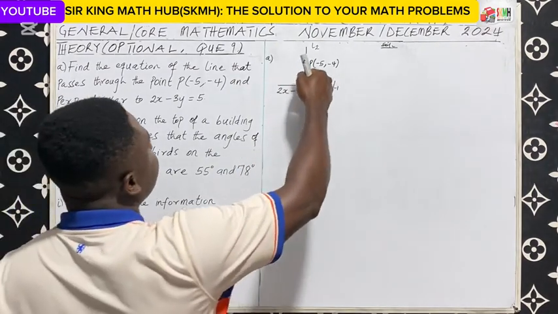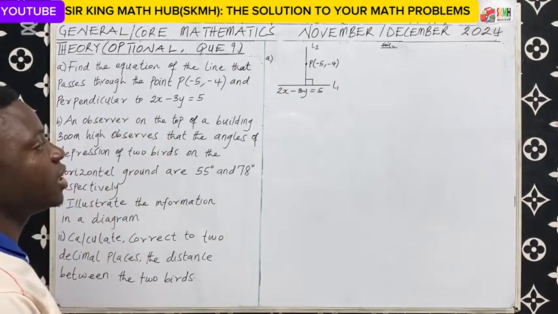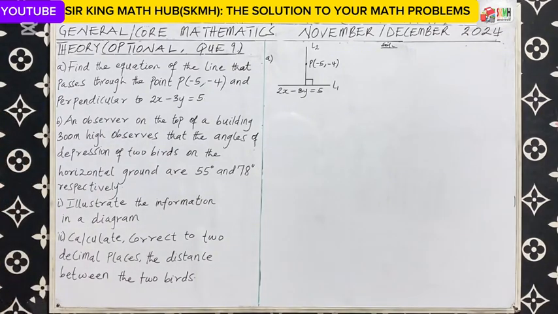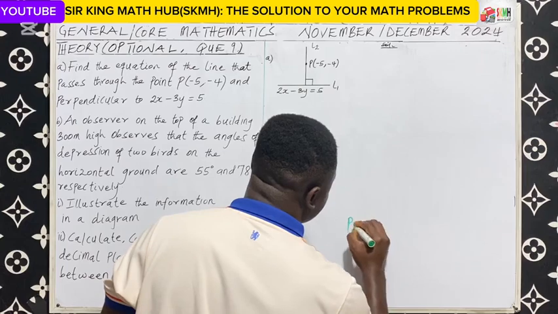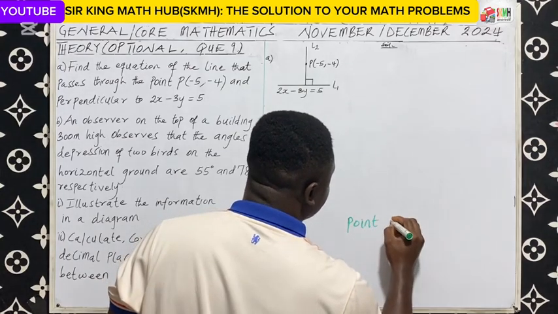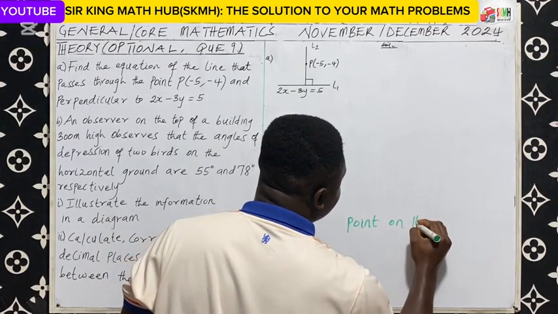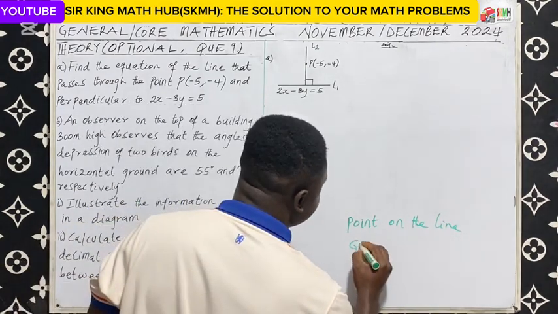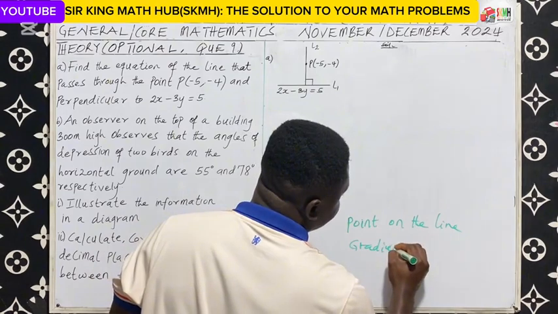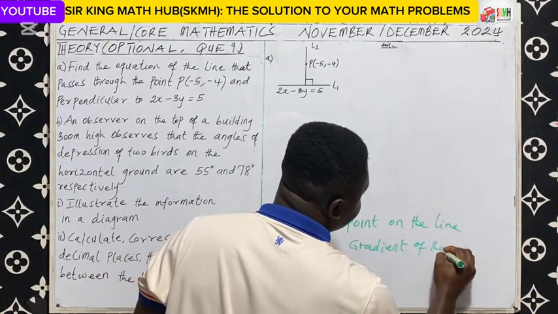We are finding the equation of line 2. And basically, to find the equation of a line, there are two things that we need. We need a point on the line and the gradient of the line.